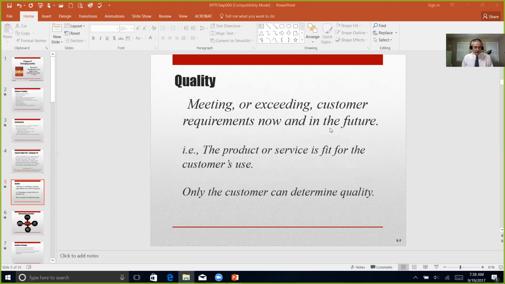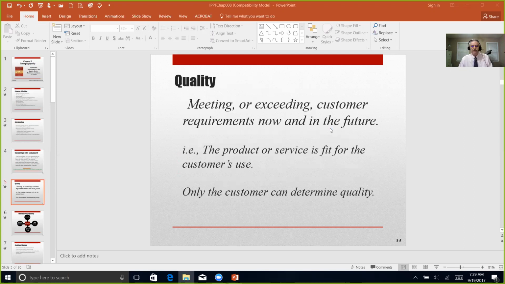But equally important, it's adding value, and they perceive that value and are willing to pay for it. Fitness for use is related to the benefits received by the customer and to the customer's satisfaction. And it's only the customer, not the producer, who can determine that.